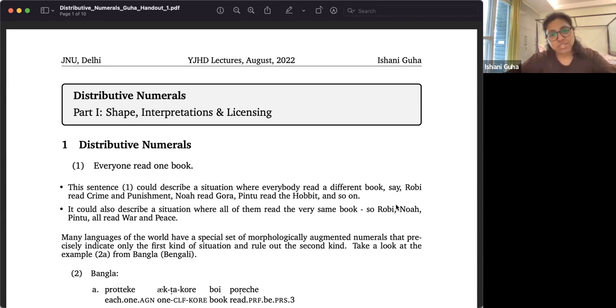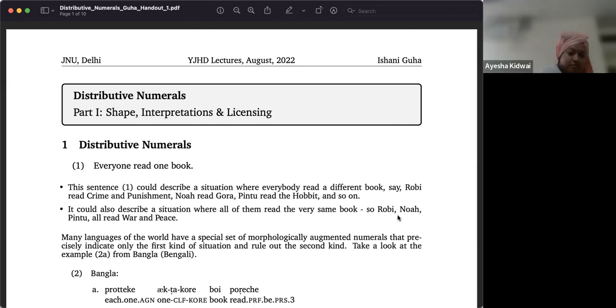So that you can take up the study of these numerals on your own. That is my aim of these 3 lectures. So you have the ground to take up from where I stop. Enough said. Now concentrate on the handout, and ask for any clarifications or questions that you may have.